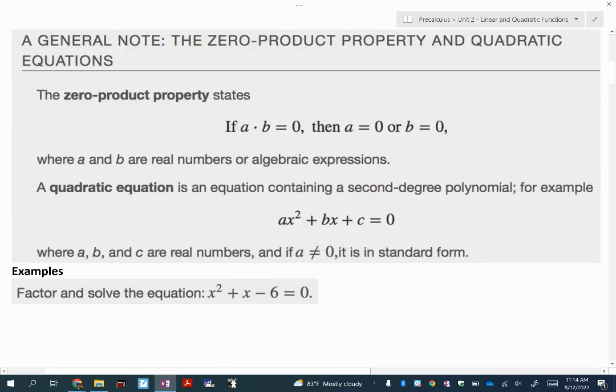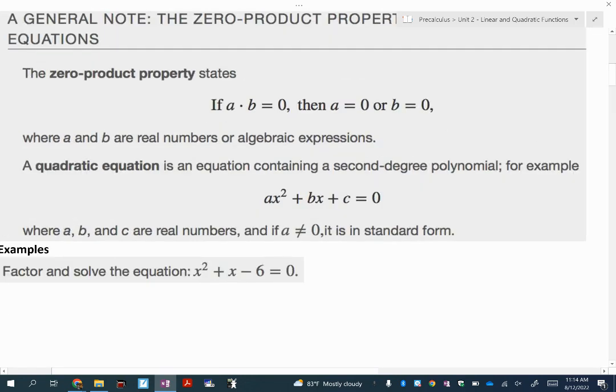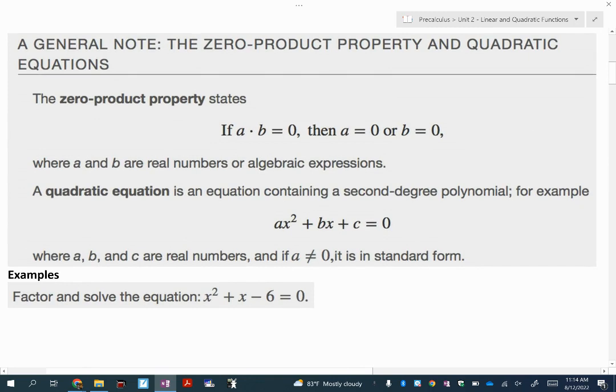Before I do that, let me state one more thing. This zero product property is something that you would have discussed probably really briefly. I went over this very briefly when I taught Algebra 2, but it drives everything we do here. The idea is that if you have two factors and one of them is zero, the whole product becomes zero.